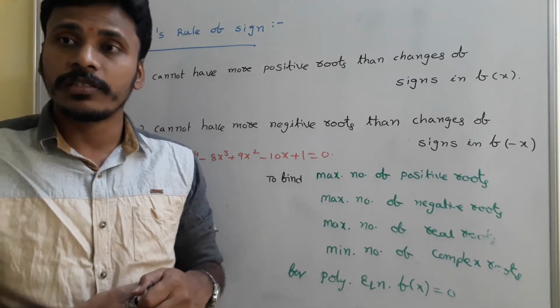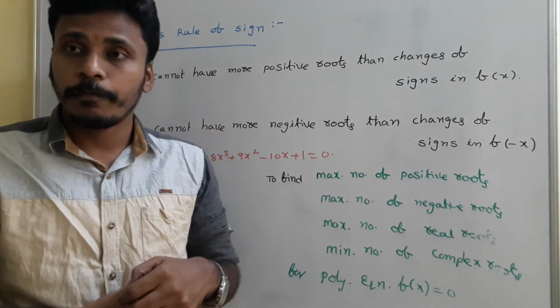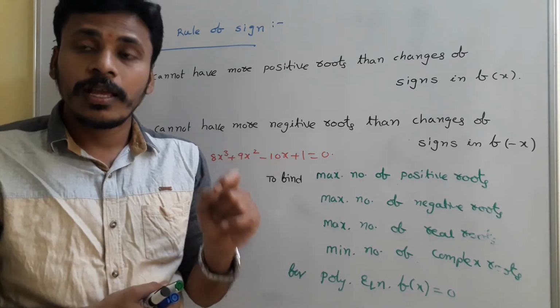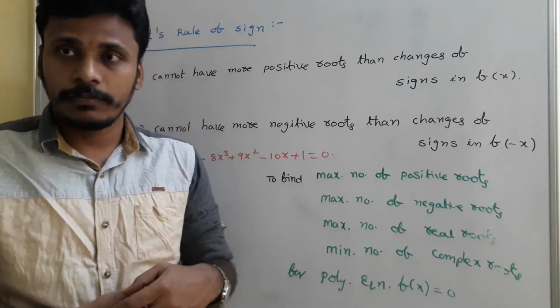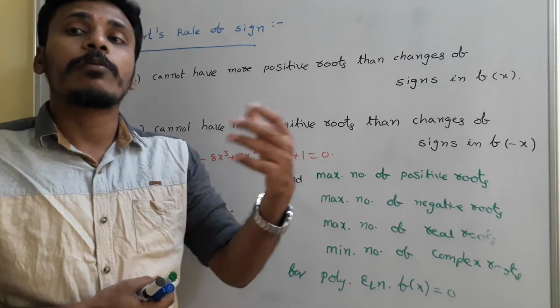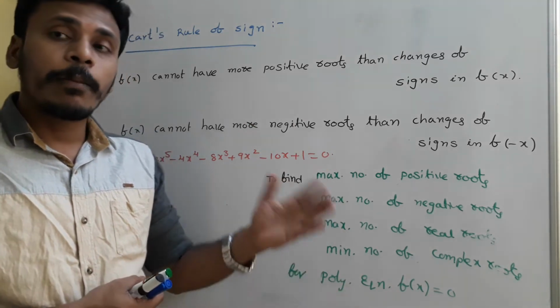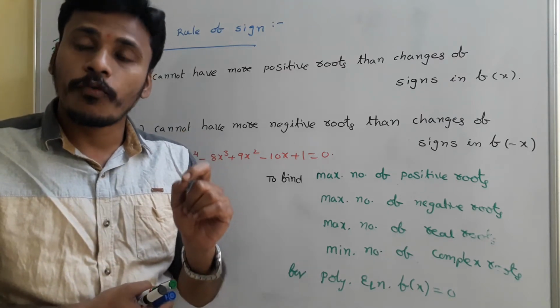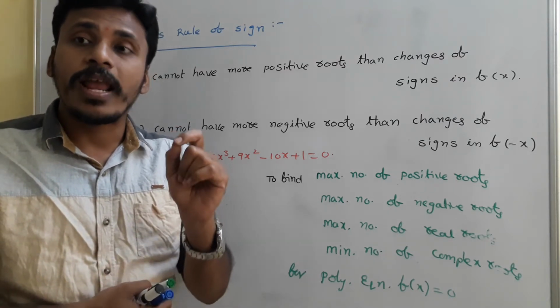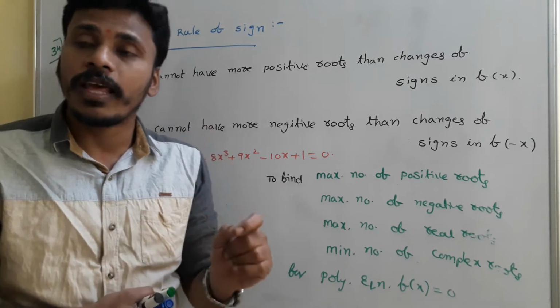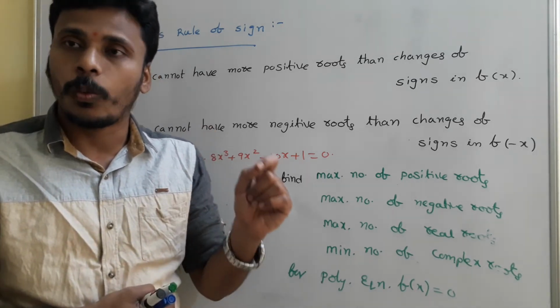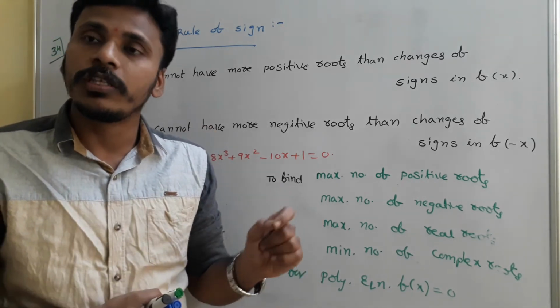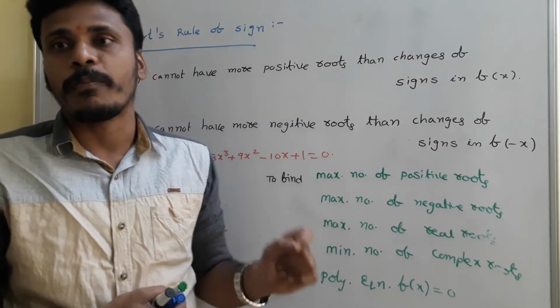And one more thing is, this Descartes rule of sign doesn't mention the exact number of roots. It will mention the maximum number of real roots as well as the minimum number of complex roots. This rule just gives you an idea related to the number of real and complex roots of a polynomial equation, but it won't give you the exact number.